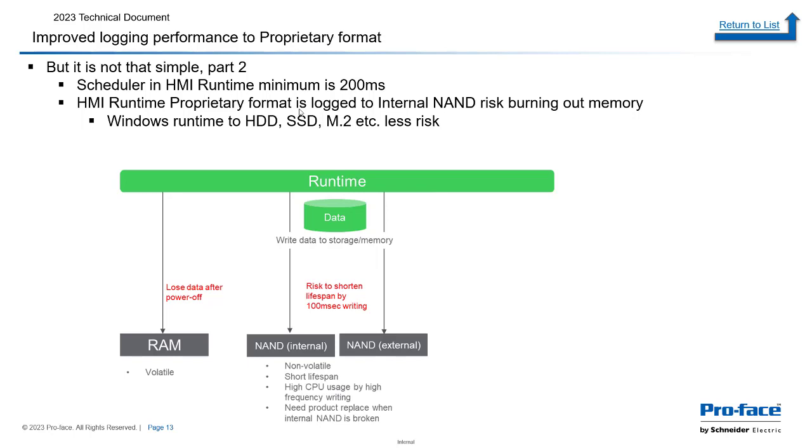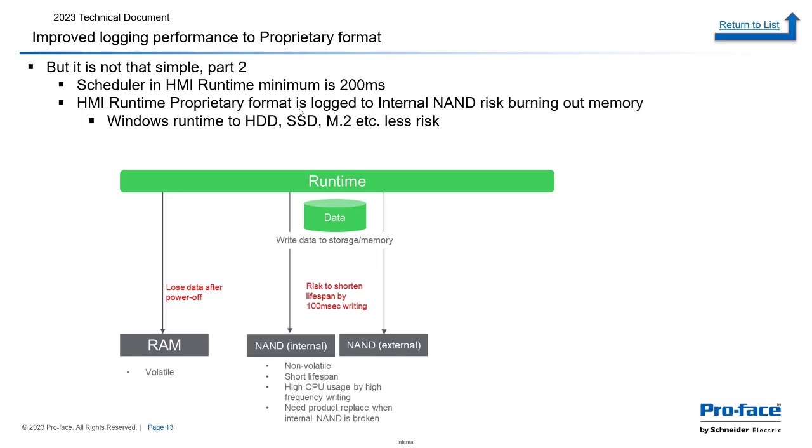Okay. So the other part of this is that when we talk about logging to the proprietary format, that is logged to the internal flash memory. So we risk burning out that memory if we cyclically write at a very high rate of speed to it.